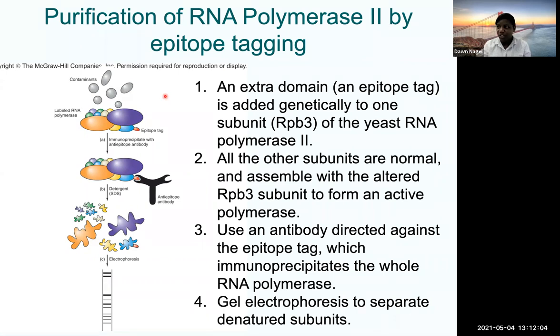Imagine you have a magnet with a lot of different components attached to it. If you pull that magnet out of a pool of other things, it will bring along whatever is attached to it, right? That's the whole idea behind epitope tagging.